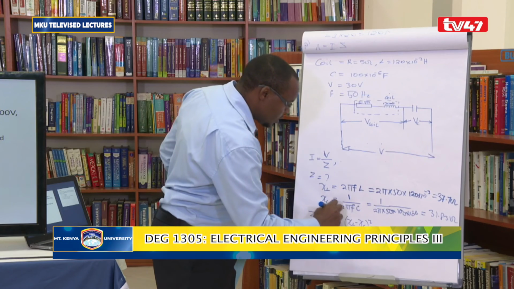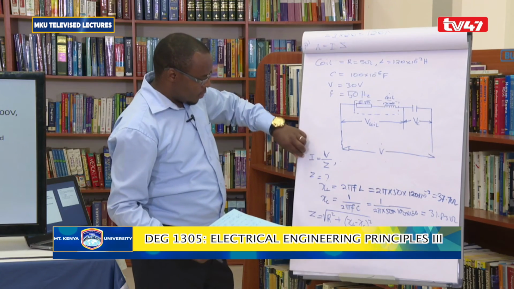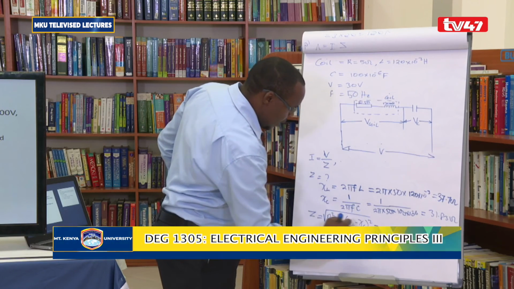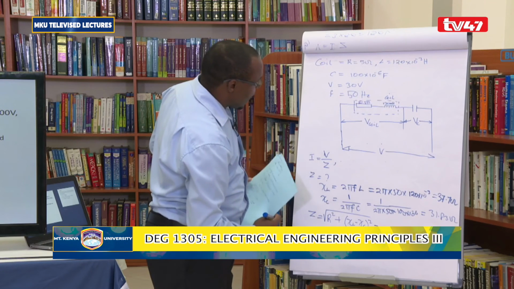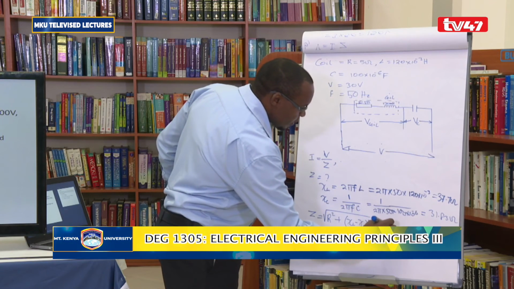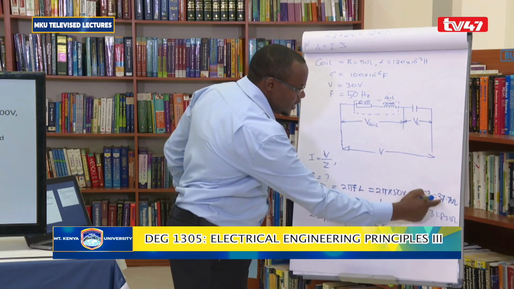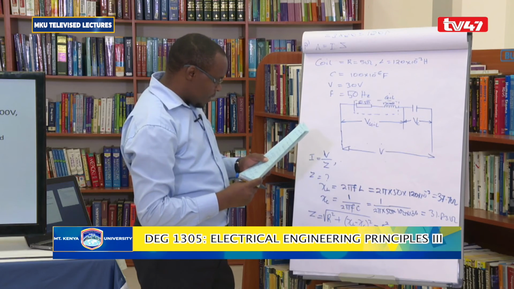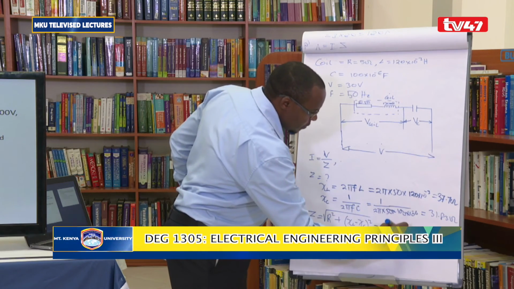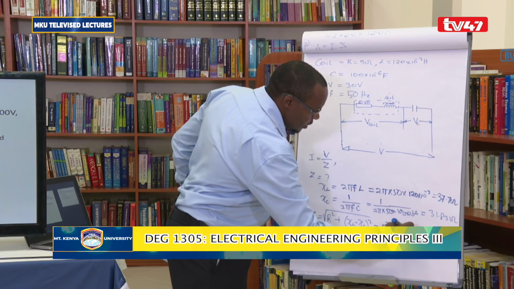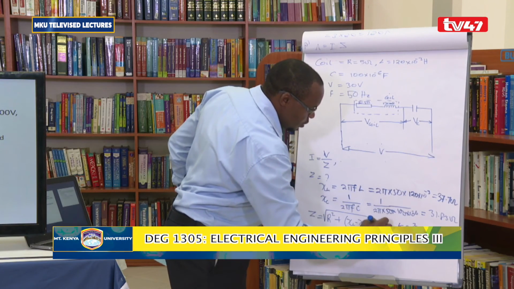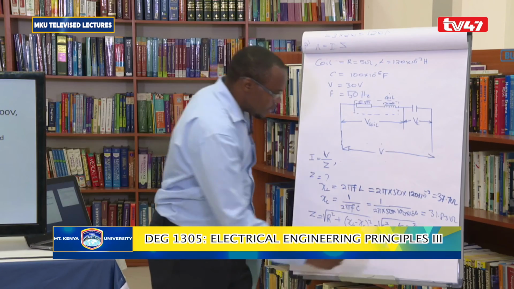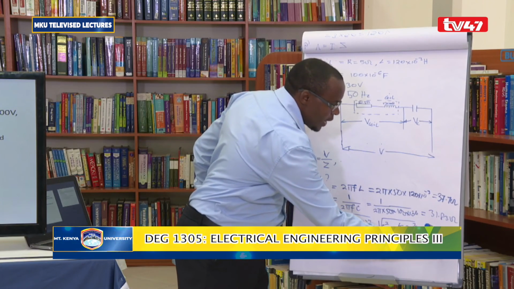Here R is 5, so 5 squared plus the difference between these two, which is 5.87, squared, and then square root, and you're going to get the answer as 7.71 ohms.